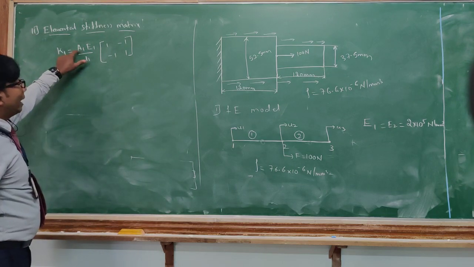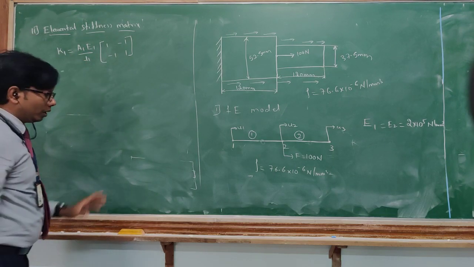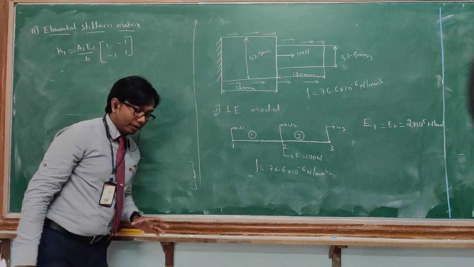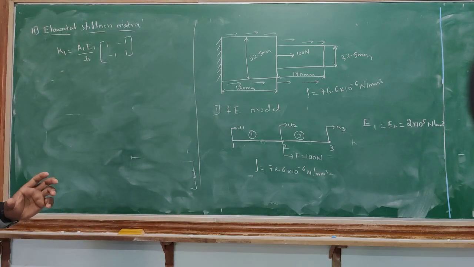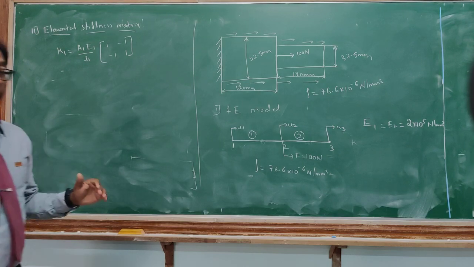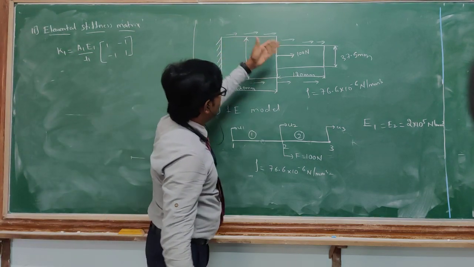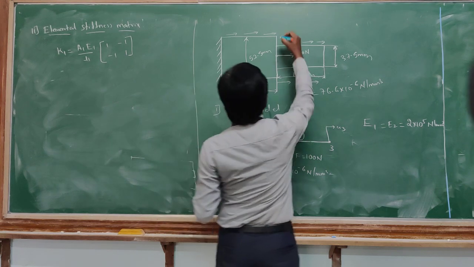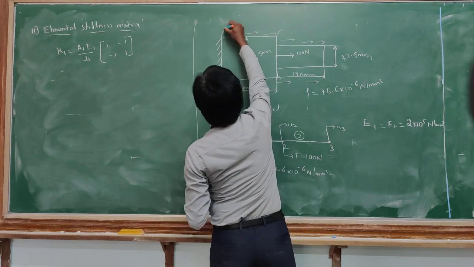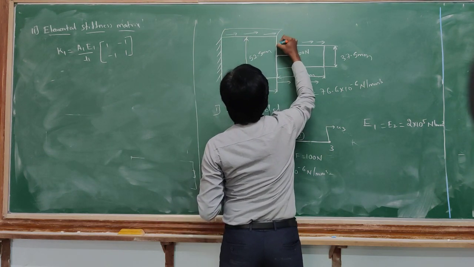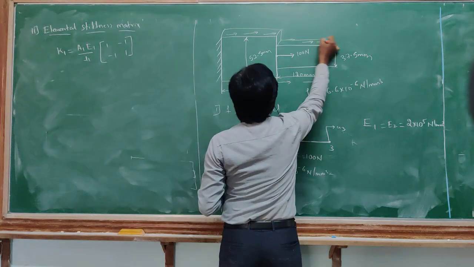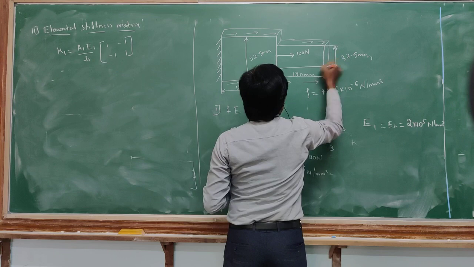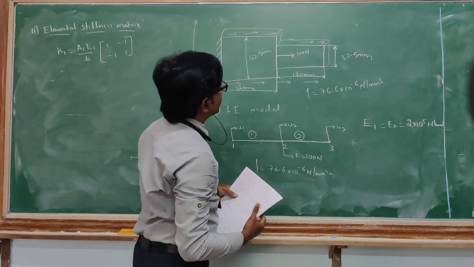Then we calculate the area. Remember that wherever you are calculating the stiffness value, the area will always be the cross sectional area.